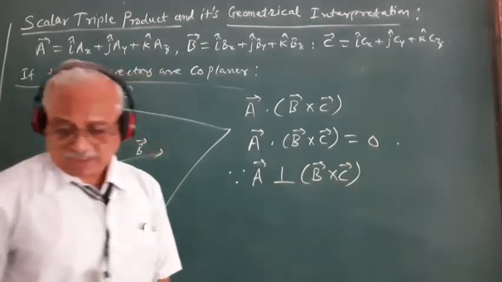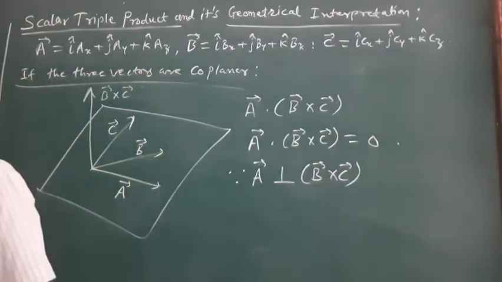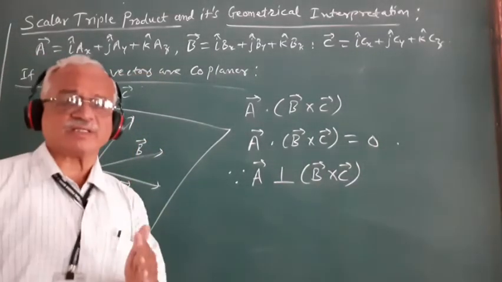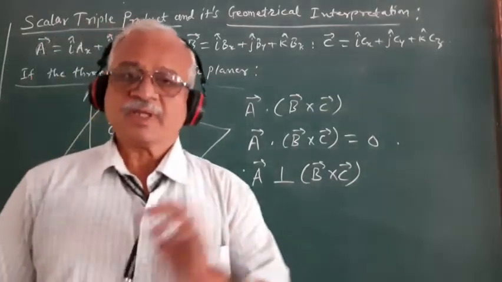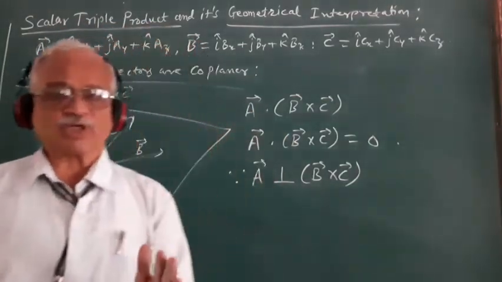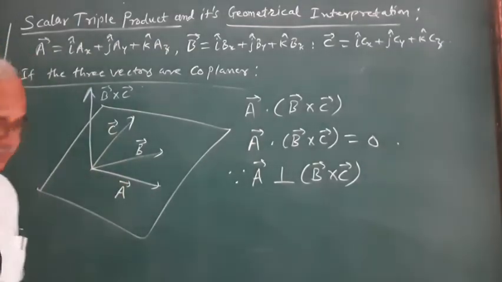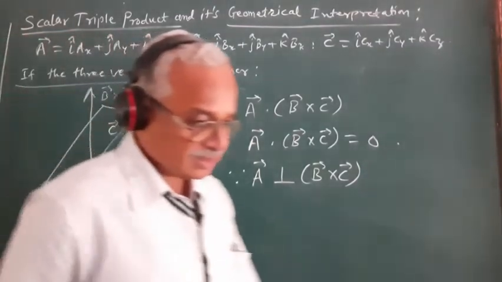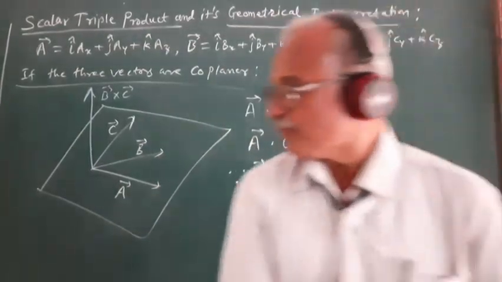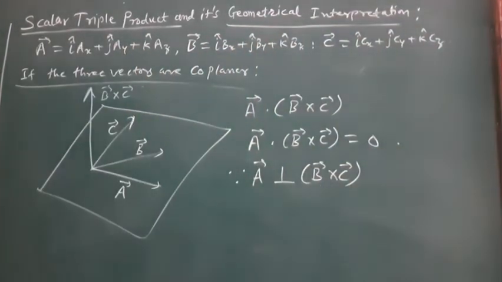So what we can conclude here is that if the three given vectors are coplanar, then the scalar triple product of such three vectors works out to be equal to 0. That is the most important point that we must remember in case of the scalar triple product.